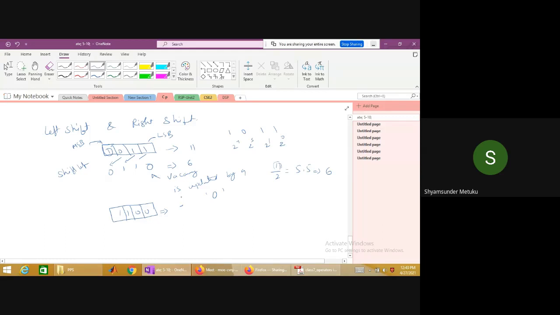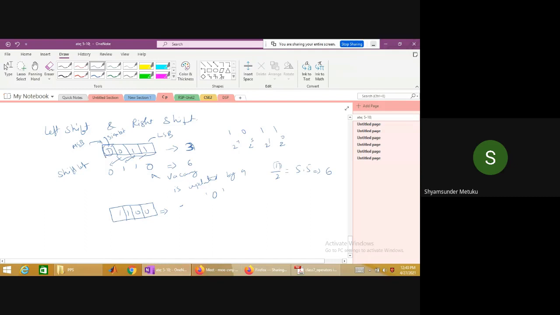I think, okay, there is a small change. Assuming that this is a sign bit, 011 is equal to how much? 3, no? If it is a sign bit, only these bits are your magnitude. I'm repeating.